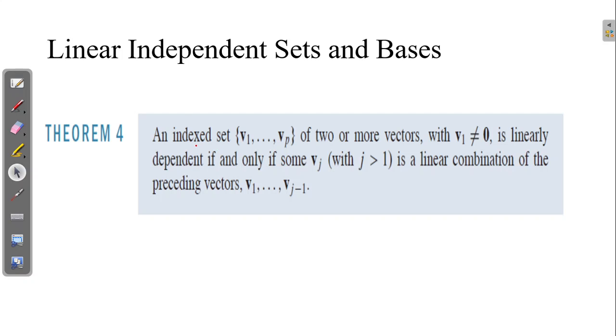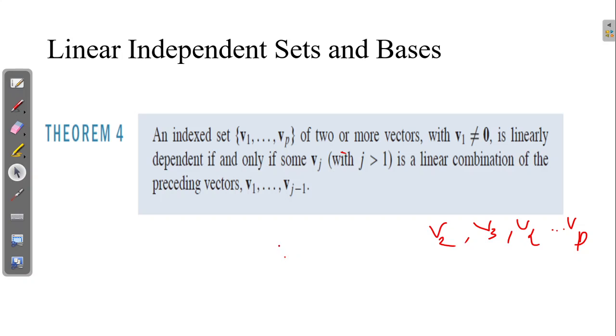The theorem is: an indexed set of vectors v1, v2, v3, etc., vp of two or more vectors, with v1 not equal to 0 (since the 0 vector is linearly dependent), is linearly dependent if and only if some vj, with j greater than 1, that is it can be v2, v3, v4, etc., vp, is a linear combination of the preceding vectors v1, etc., vj minus 1.